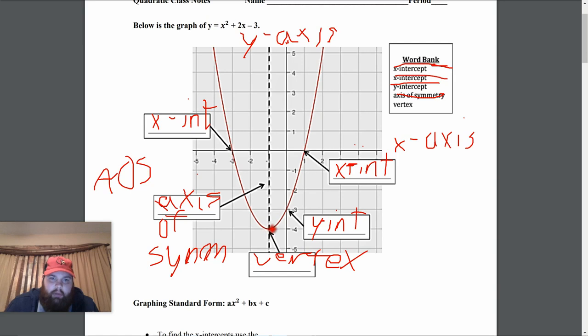So it's actually the center point there, right? The lowest point, or if it's upside down, because sometimes we get upside down, it could be the highest point. The point is this right here, this point right there, which in this case would be -1, -4, our vertex.